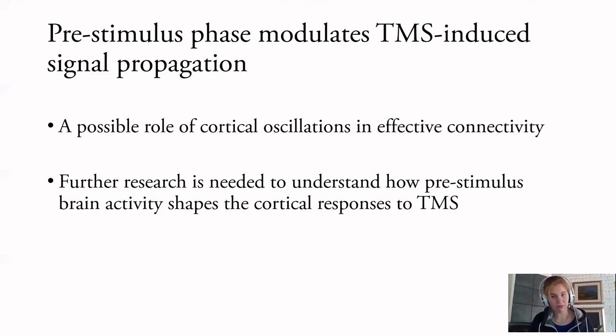And at the same time, this also opens up many new avenues of both clinical and basic research for further studying where exactly the signal propagates, what modulates this on a neural level, and more rhythms and brain areas could be studied as well.